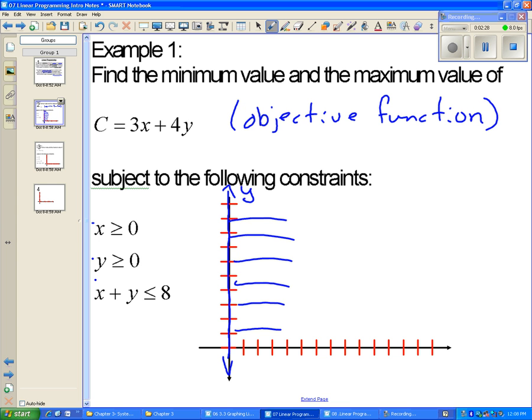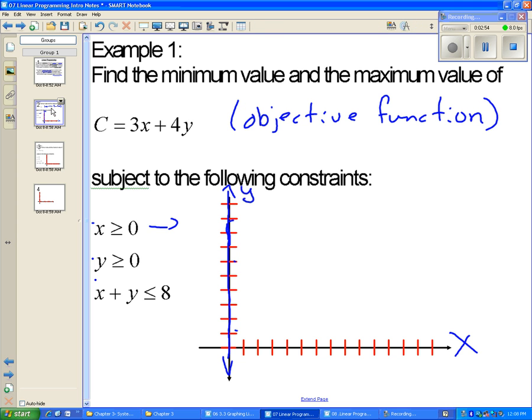Remember, this is the y-axis, this is the x-axis. x is greater than or equal to 0 is going to give me the y-axis. I know this, but this is what it looks like. Now, I'm not going to do the shading in just yet, but I do know that this is the part of the graph that I want. I want what is to the right, greater than or equal to 0. Make sure I have my entire line.